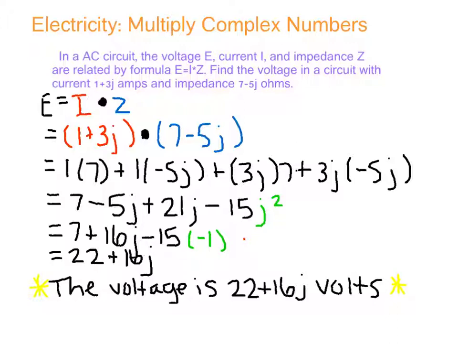As you can see by my problem, as I set it up and multiplied by using 1 plus 3j and 7 minus 5j, I got an answer of the voltage is 22 plus 16j volts.